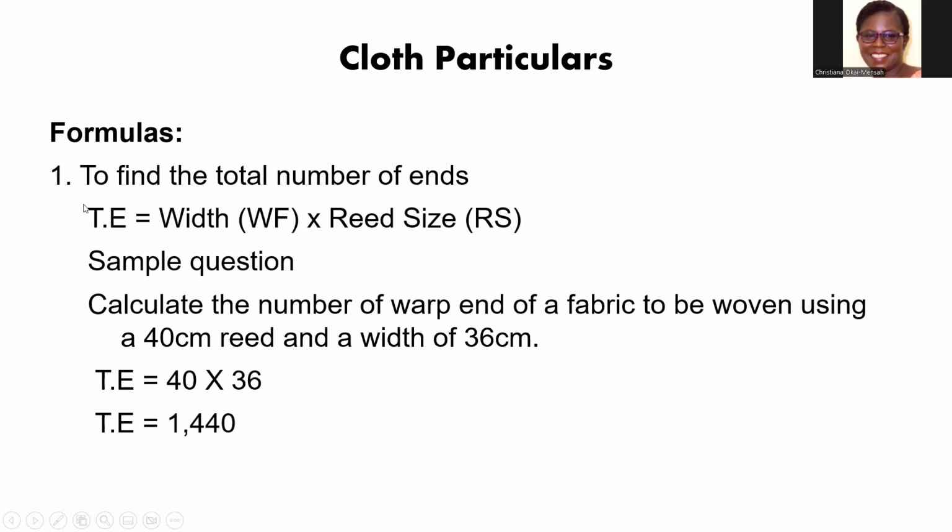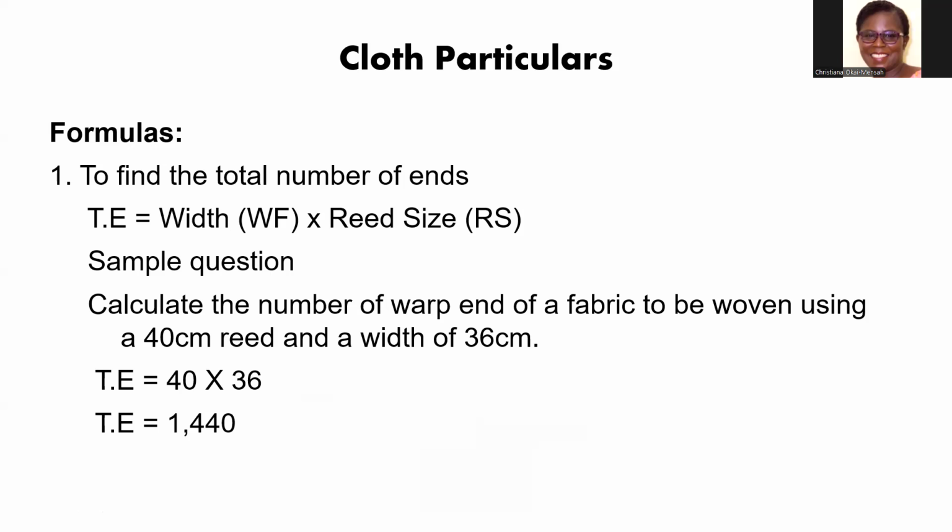The formula is: total number of ends, T, is equal to the width of the fabric, represented by WF, that is the width of fabric, or you can even represent it by W, times the reed size. The reed is what I showed you right now. So what I'm going to use is, the width is 36. So that is your width.